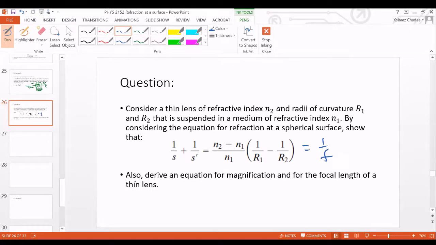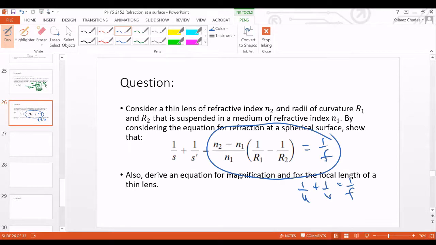And then you also have to derive an equation for magnification and for the focal length of a thin lens. So you have to show how 1 over F is equal to this part of the equation. And when you write it like this, you get back 1 over U plus 1 over V equals 1 over F, which is what you learned in CSEC.